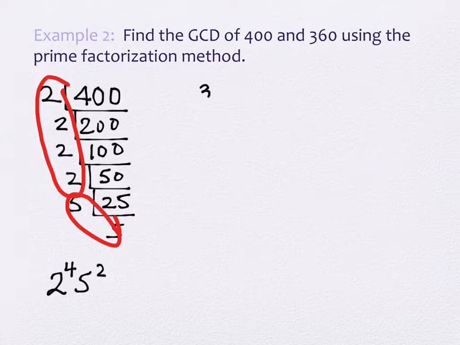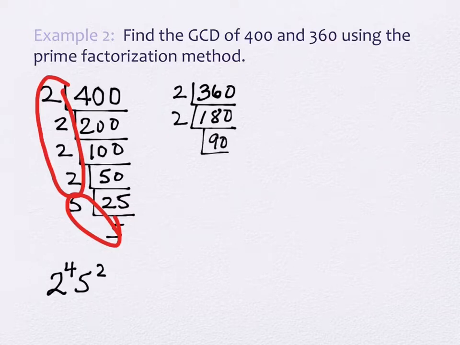Next one, 360. Well, that's another 2. What's 360 divided by 2? 180. 180 divided by 2 is 90. 90 divided by 2 is 45. It doesn't divide by 2 anymore.